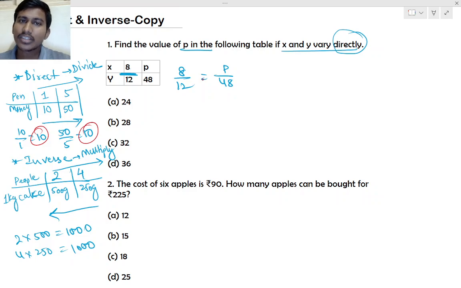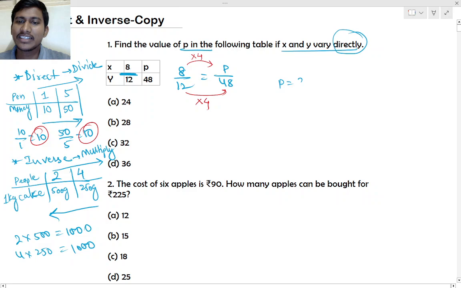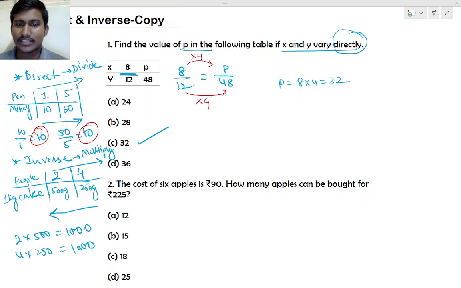Okay, if you want to do cross multiplication you can, or we will do a shortcut. 12 times how many is 48? 12 times 4. So here also we have to multiply with 4. If you multiply with 4, what will be the answer? 8 fours are 32. So p will be 32. 32 will be the answer for p.